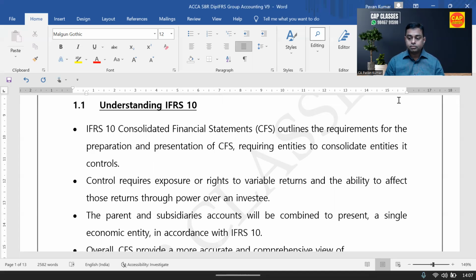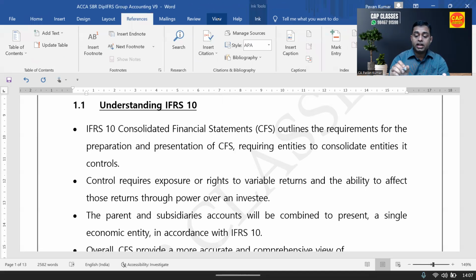Understanding IFRS 10. First one: IFRS 10, Consolidated Financial Statements, outlines the requirements for the preparation and presentation of CFS, requiring entities to consolidate entities it controls. Okay. So here, if you look at it, there are two entities.